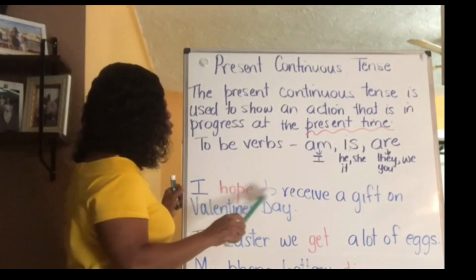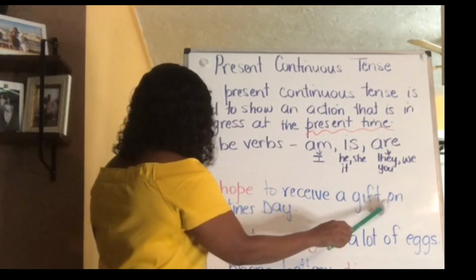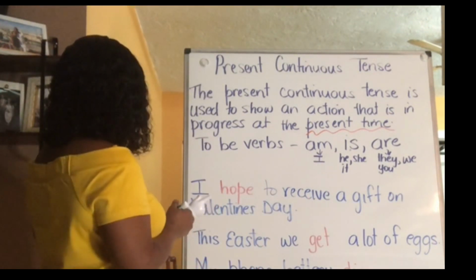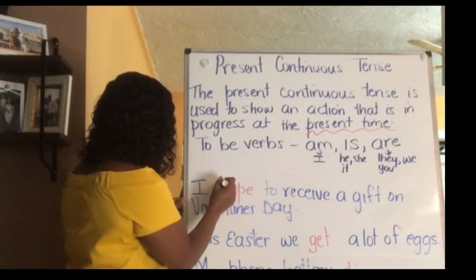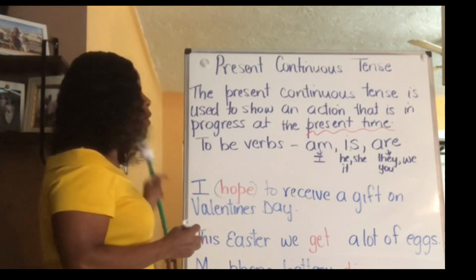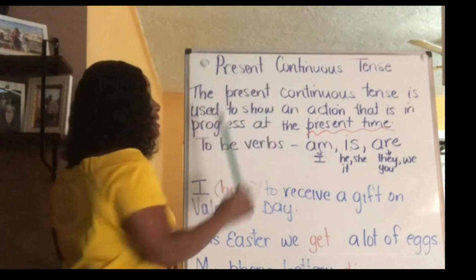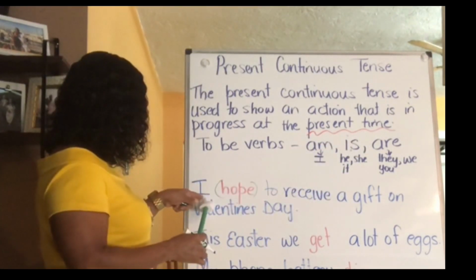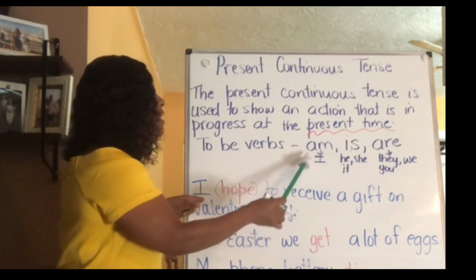I hope to receive a gift on Valentine's Day. So I hope, that's the main verb, but we need to change it to present continuous. So we need the auxiliary verb. Which one goes with I? It is am.